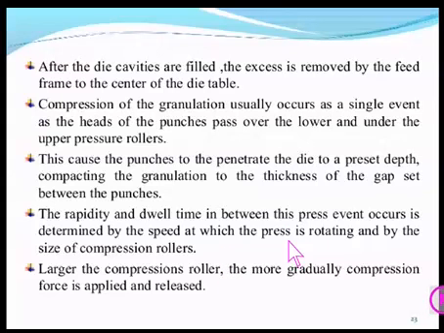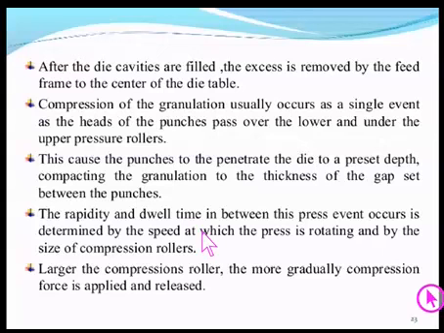Well, the speed of the tablet machine and the size of compression rollers. In fact, these are the two parameters which will decide the dwell time of the punches in the die cavities. Dwell time means the time for which the punches are staying penetrated in the die cavity, during which actually the compaction of the material will take place.